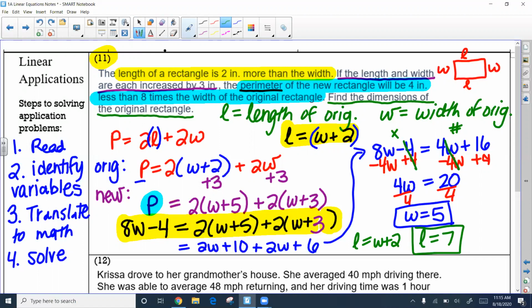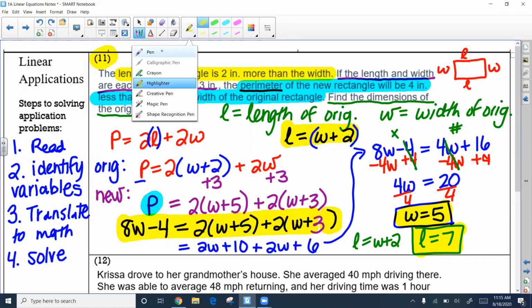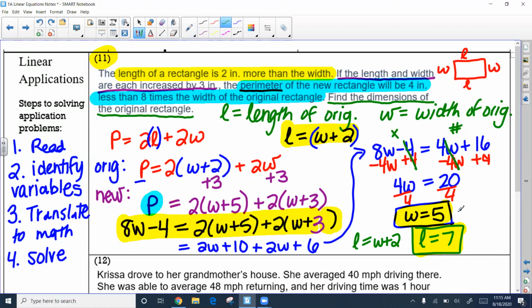You do want to include both of these for your answer. Width is 5 and length is 7. Or another way to write dimensions, these are in inches, is 5 inches by 7 inches. So that would be another way to write the dimension, 5 by 7.